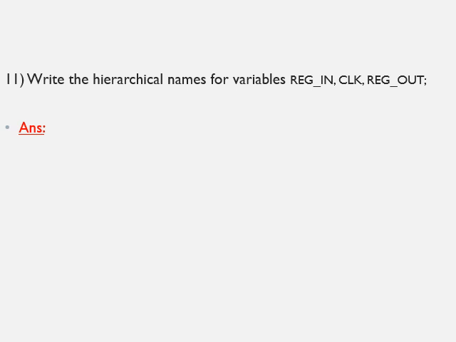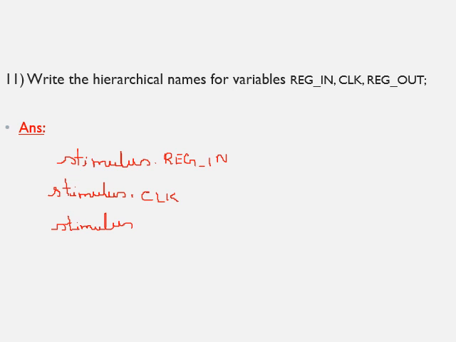So the hierarchical names for these signals are stimulus dot register underscore in, stimulus dot clk, and stimulus dot register underscore out.